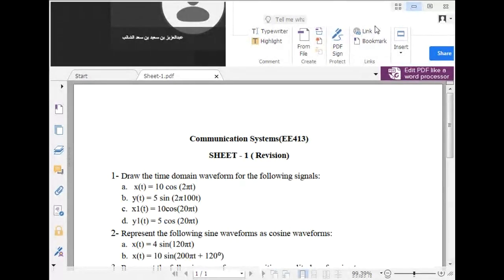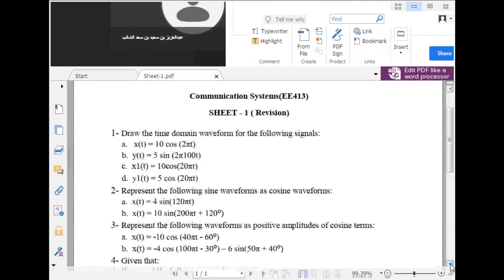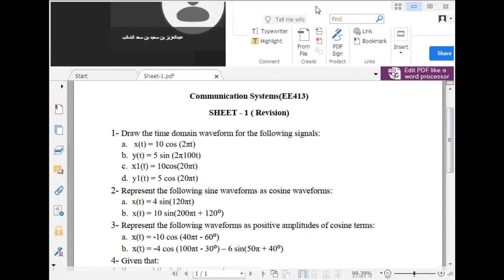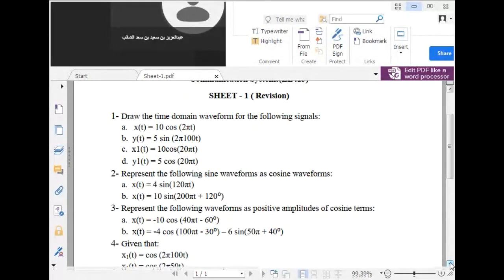Yes, sir. This is the first question, Sheet 1. Draw the time domain waveform for the following signals, x of t equals... You can see it directly from the lectures.